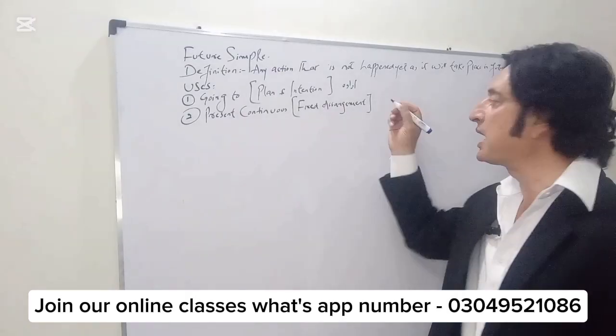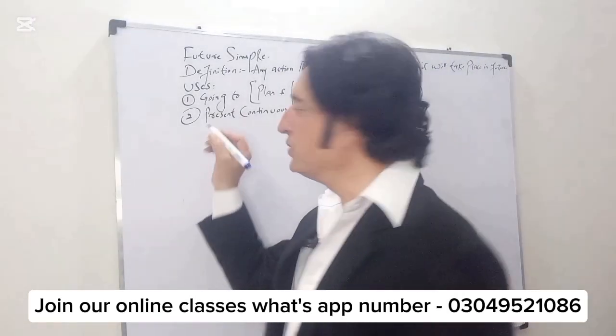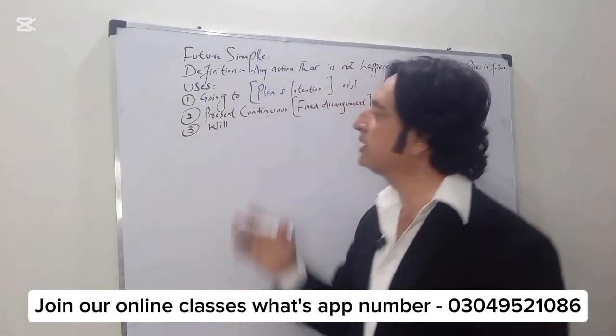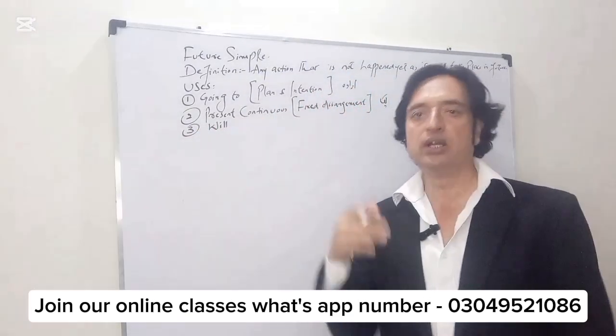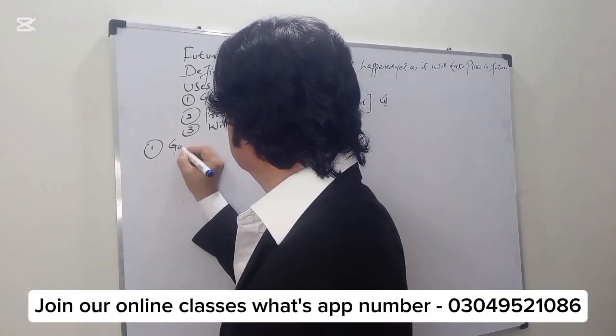In Urdu you can call it pakka, when you are certain, when you are sure. And the third use is will. We'll be covering today the first two. All right, we'll put together so you will see the difference. So the first one, going to.